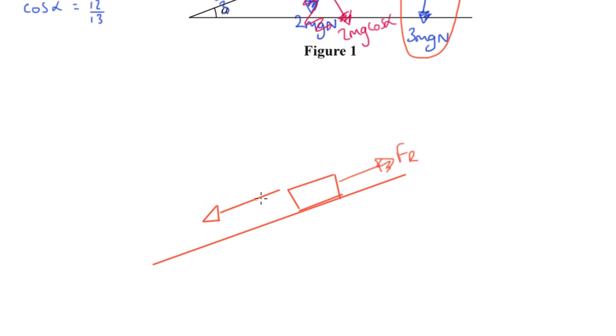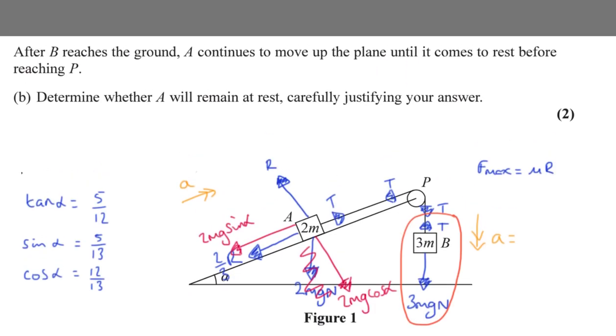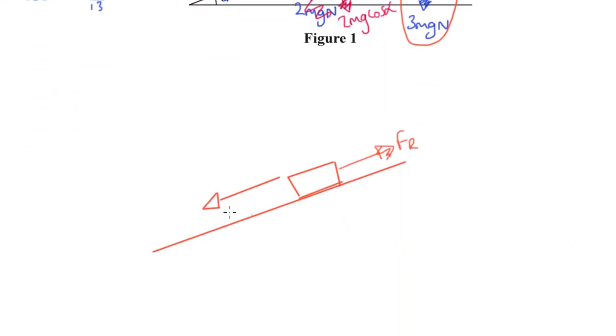Now, if this force here, which we already know is 2mg sin alpha, is bigger than the maximum frictional force, then it will move down the plane. If it's smaller, then it won't. It will stop where it is and just remain stationary.